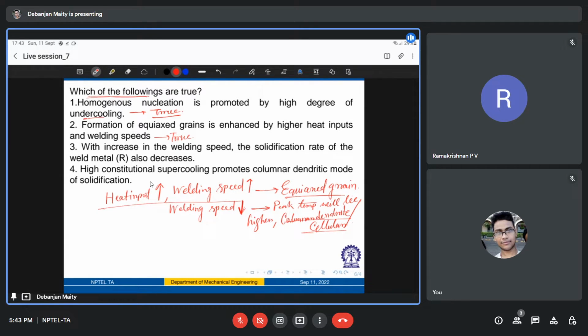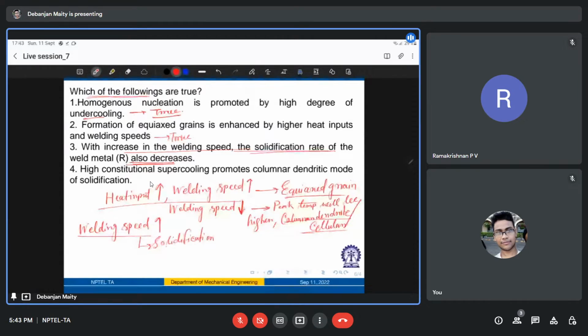With increase in welding speed, is it true or false? These are all thumb rules in your welding physics. If your welding speeds are higher, your solidification rate will be high.